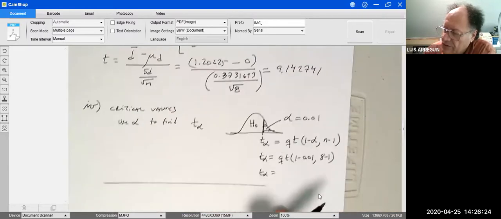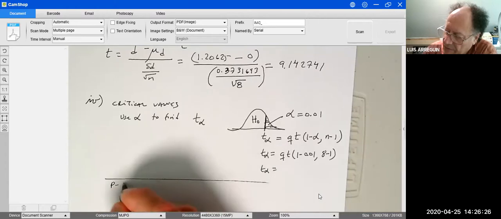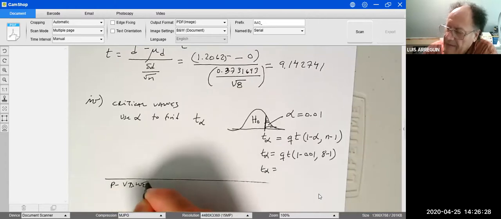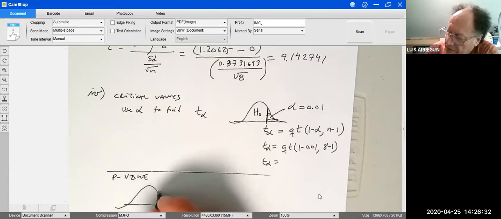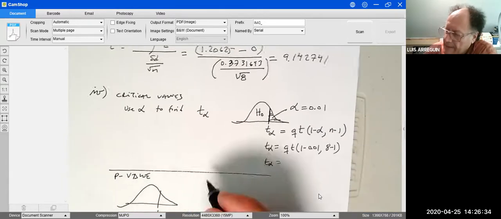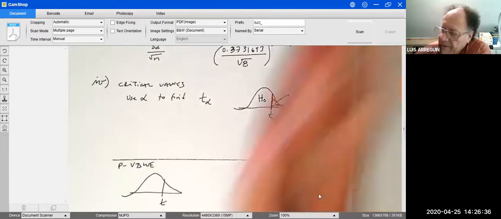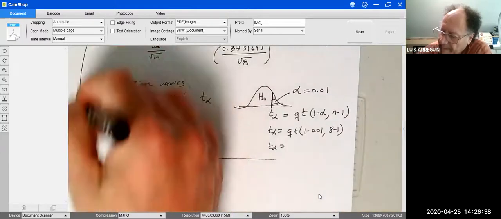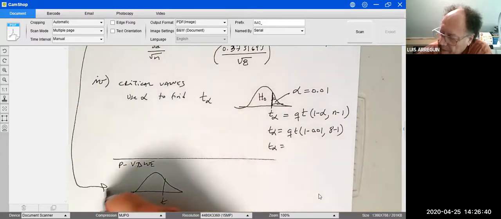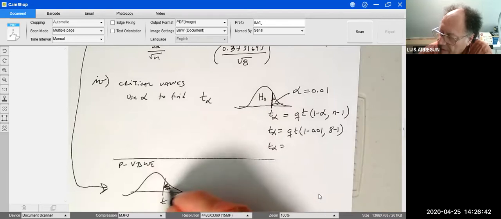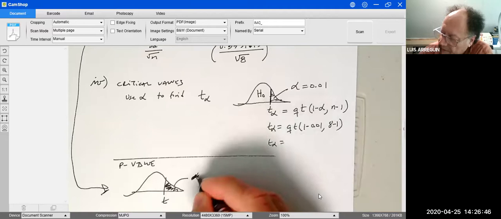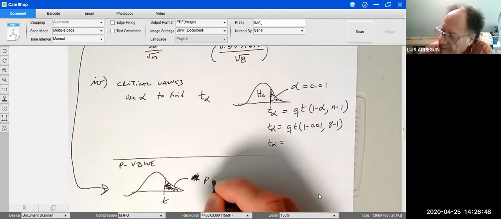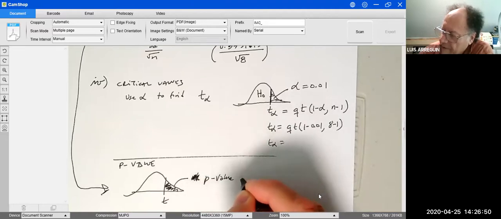If you want to use the p-value method, then we use the t that we just found from this step, and we find this area, which is a probability value.